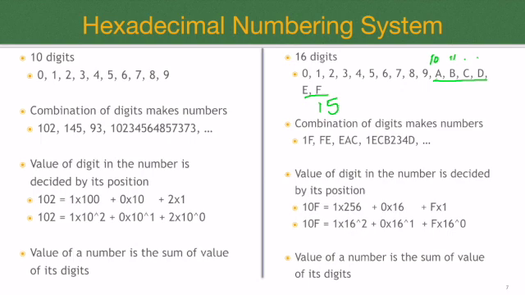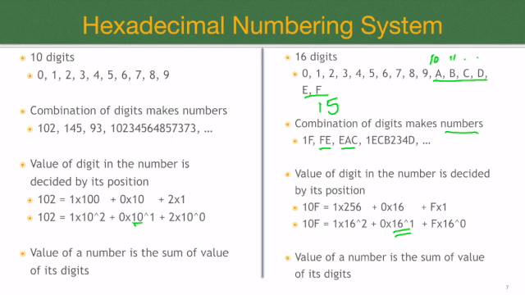Once again, the numbers are created by combinations of these digits, and this looks a little strange because of the alpha characters inside the numeric characters, but that's how the hexadecimal numbers are written. The value of the number is derived from the value of individual digits. Here, instead of using 10 or 2, we use 16 as the multiplier for the value. The rest remains the same.